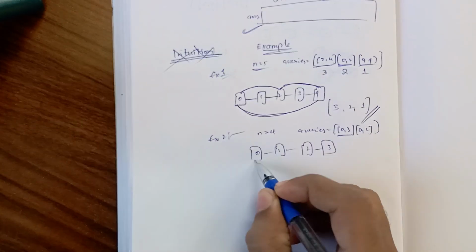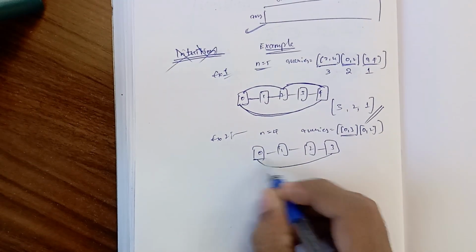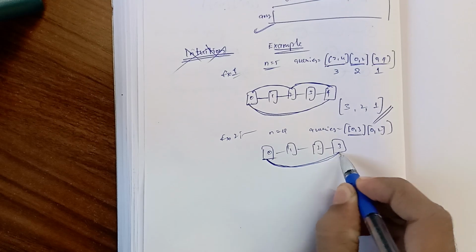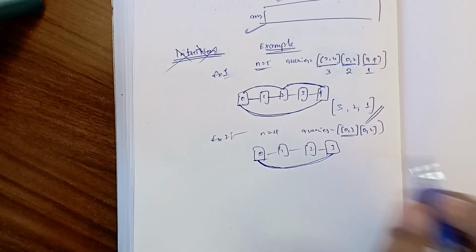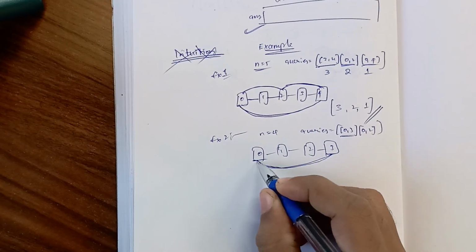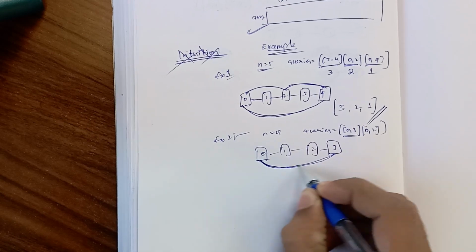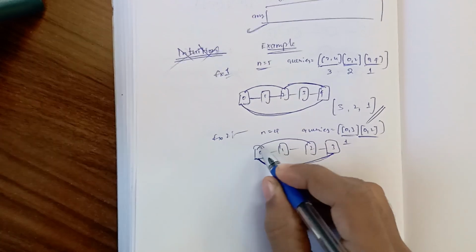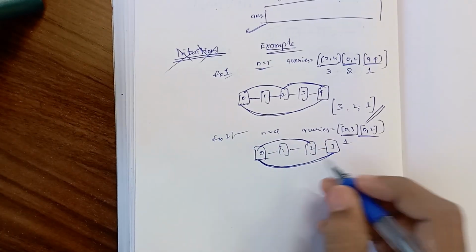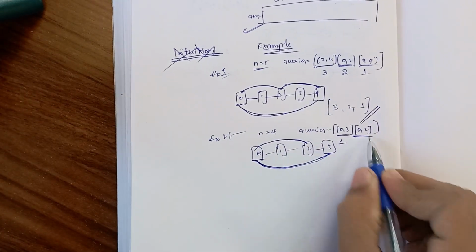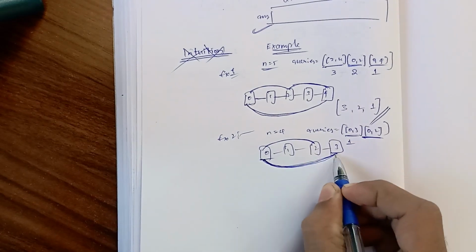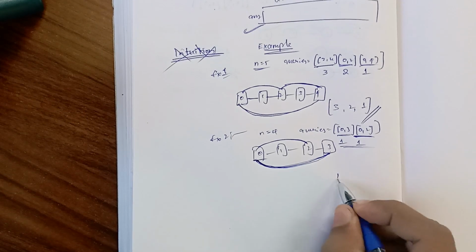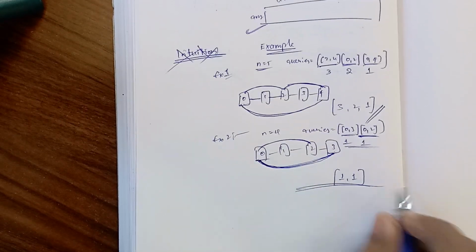Now, 0 to 3 is the connection between the first node and the last node, that means first city and the last city. So what is the shortest distance? 0 to 3, which is 1. And 0 to 2 again. Even though we connect 0 to 2, our shortest distance is calculated from the first city to the last city. So 1, 1. So our answer will be 1, 1 in a vector.